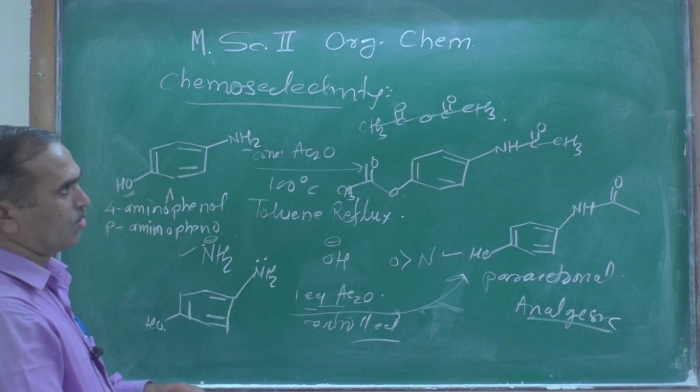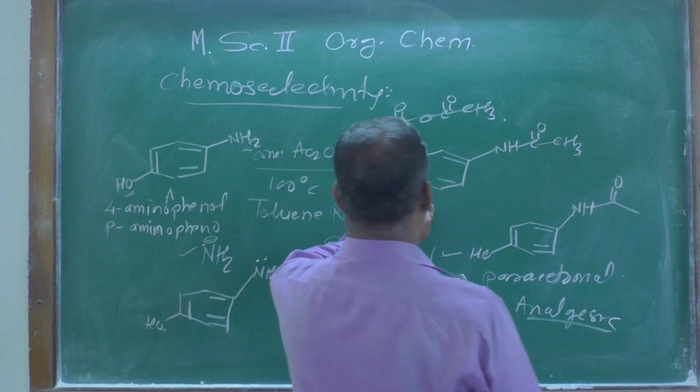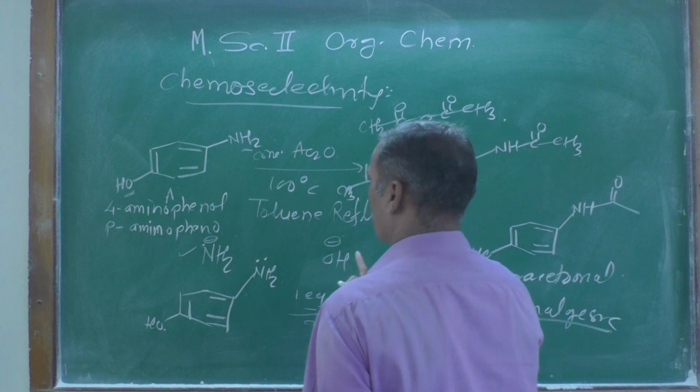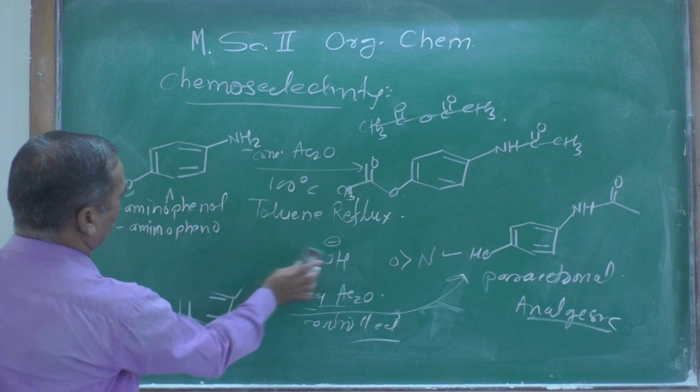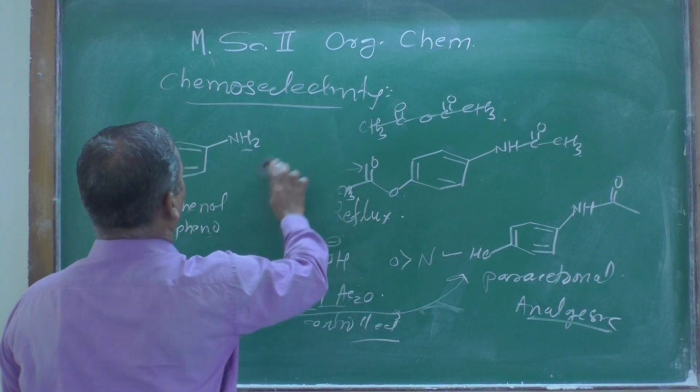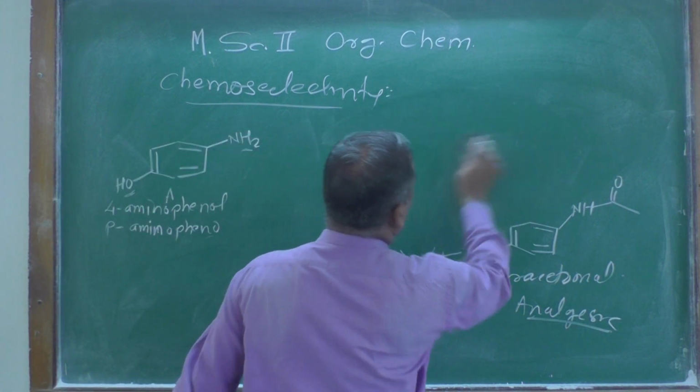Or the other way around, we can deprotect this selectively. Suppose this is the starting compound, that is 4-aminophenol or para-aminophenol.